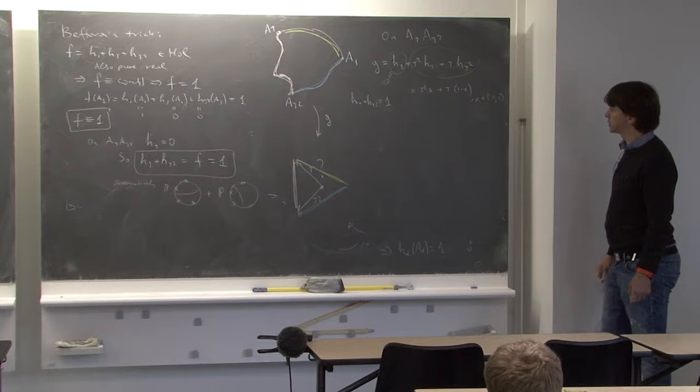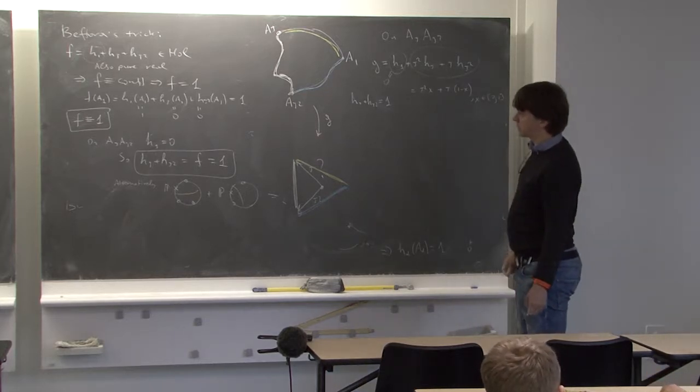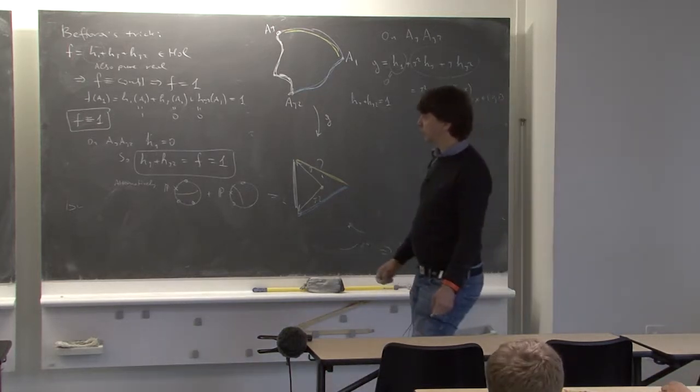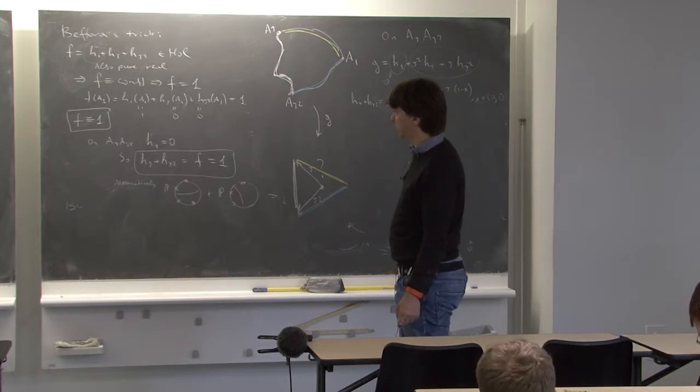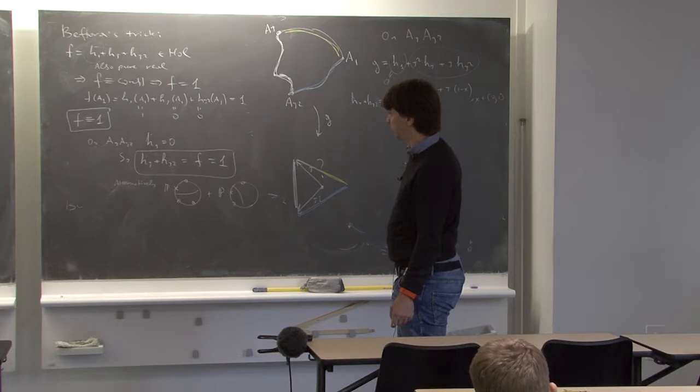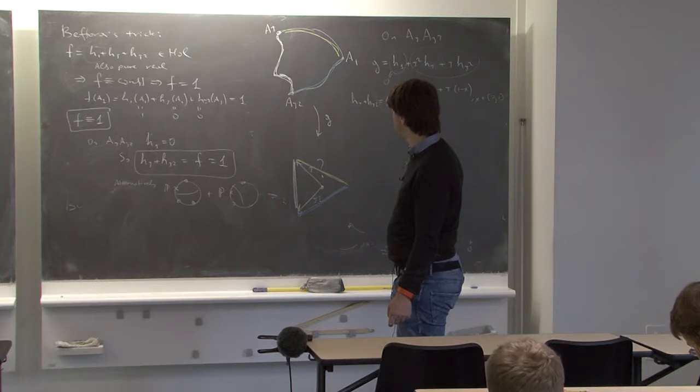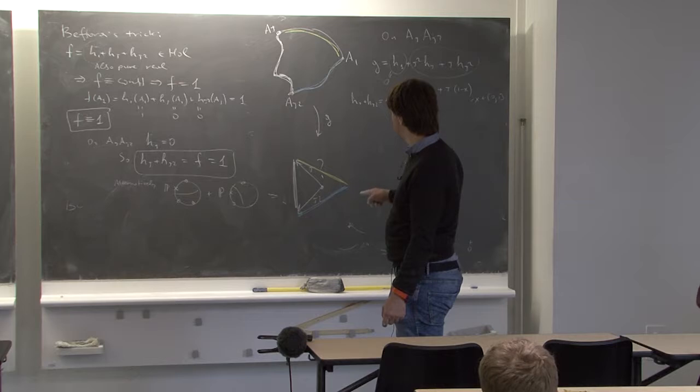Let me think. Does it look correct? Did I put the correct numbers or not? So it should be 0, 0, 1, 0, 1.